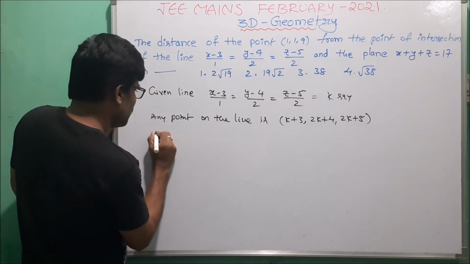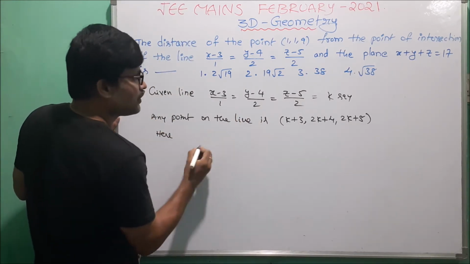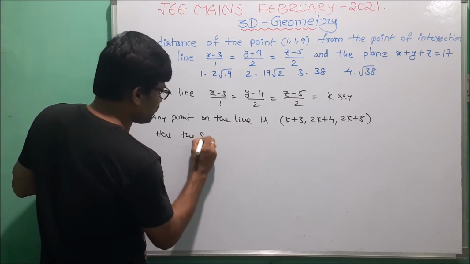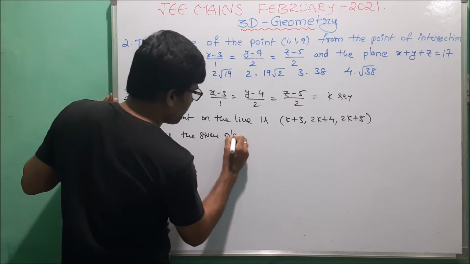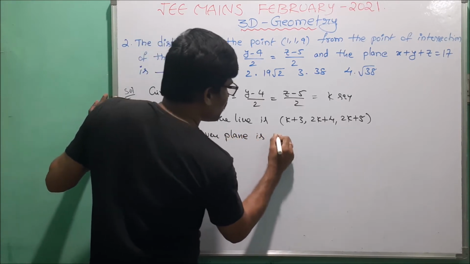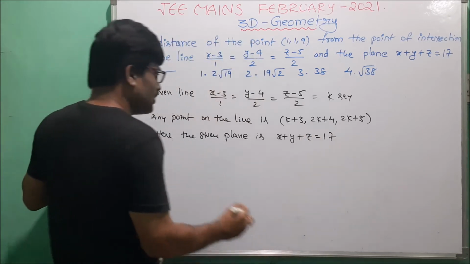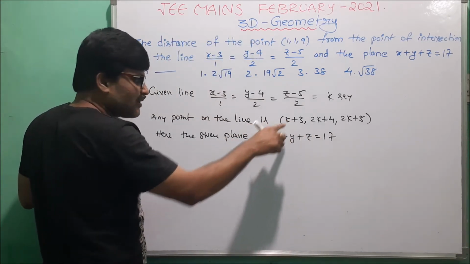So here the given plane is x plus y plus z equal to 17. Now this point will be substituted in that.